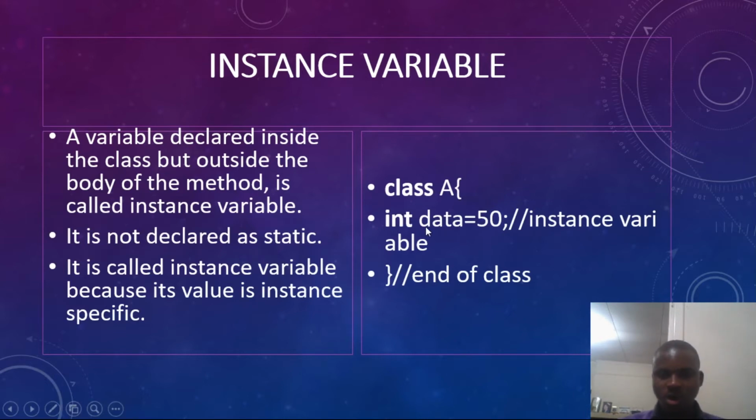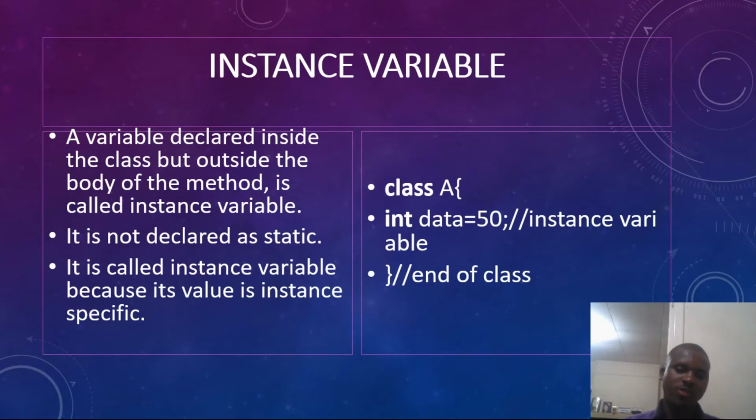So here you've got an example of an instance variable. You see, it is just inside the class but outside of any method. If we are going to have some methods, they will go just below the declaration of instance variables. We normally call them the data definitions of a class. They hold the state of a class.